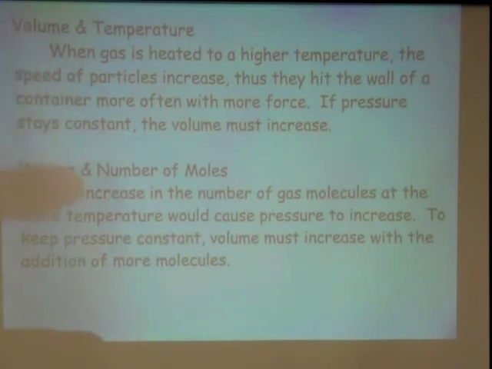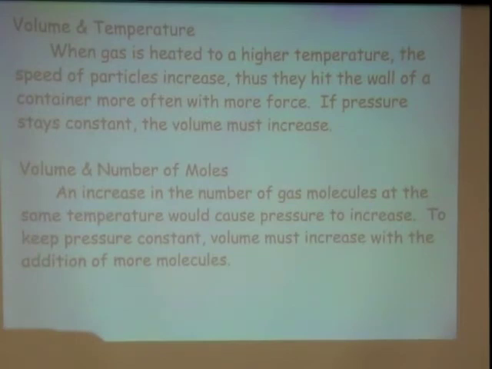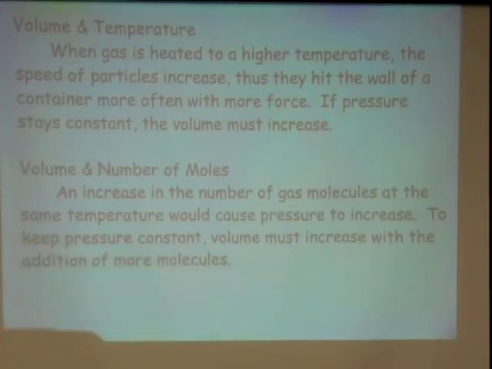Volume can only change if a gas is in a container that's flexible. So if the pressure is going to stay constant, the volume must increase with the addition of more molecules.